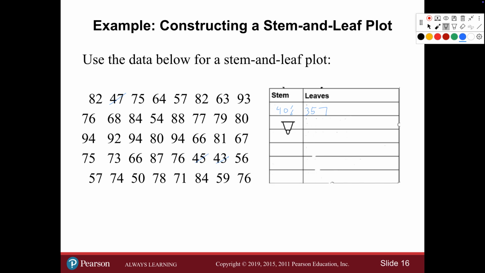Okay, so the 50s would go here. And again, we kind of go in order, the digit of the 50s. So here's a 57, and I'm going to put it out here, but you kind of have to get them in order first, because you want to make sure you get all of these stems in the right place.